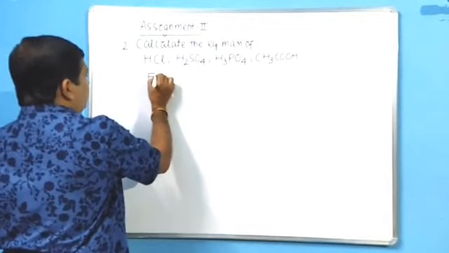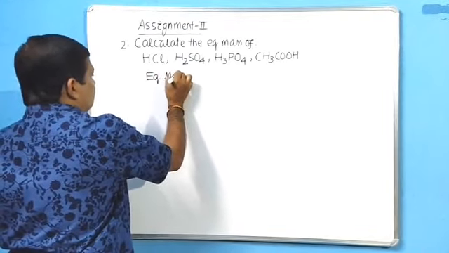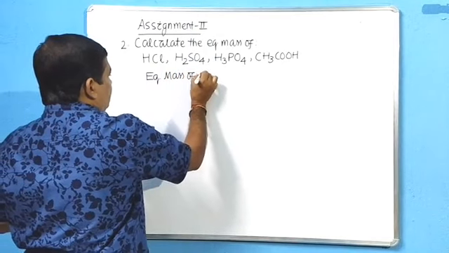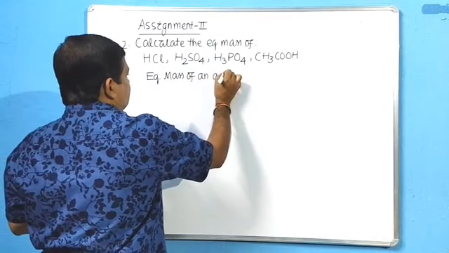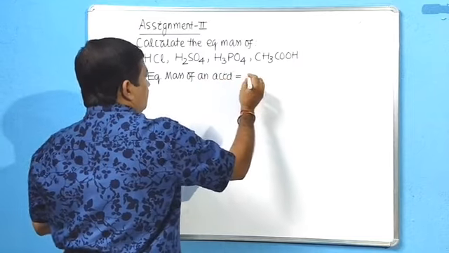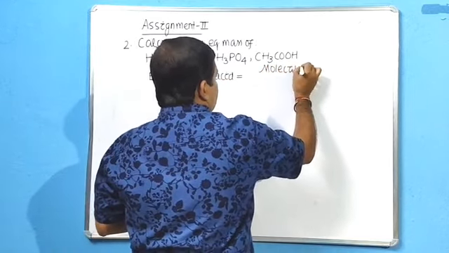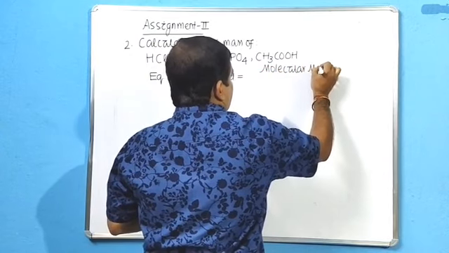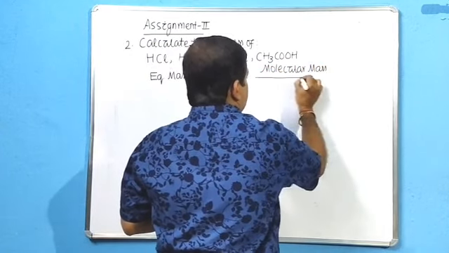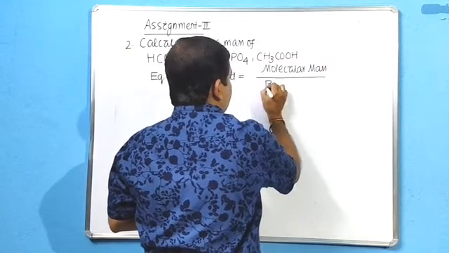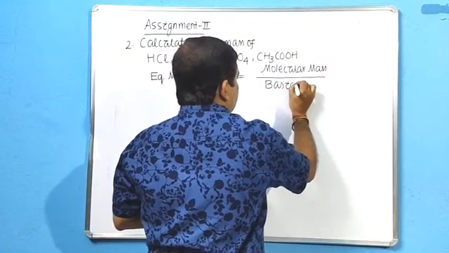Then how to calculate the equivalent mass of an acid? Equivalent mass of an acid, the formula is molecular mass divided by basicity. What is basicity?